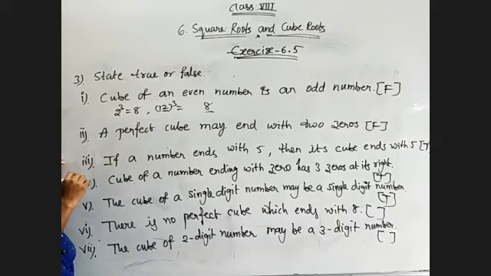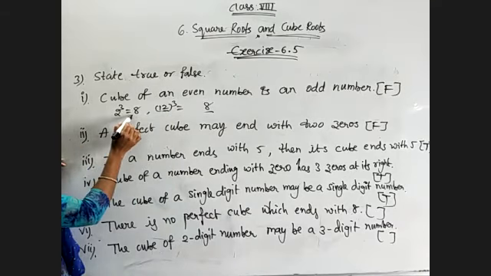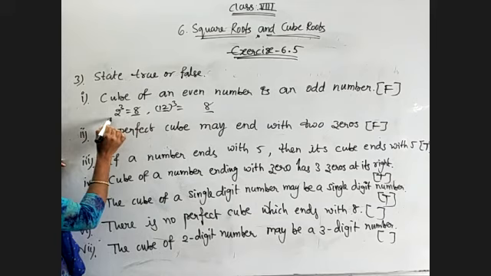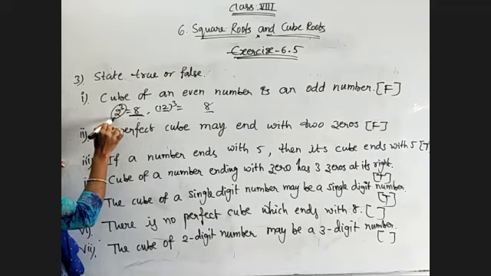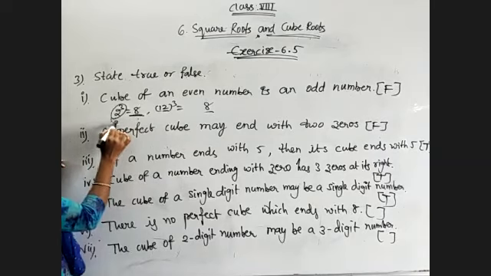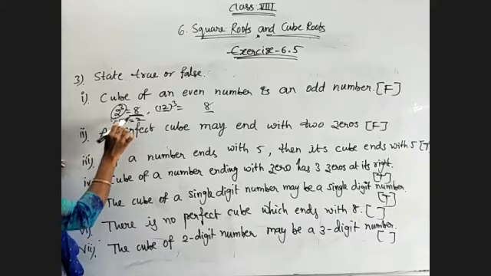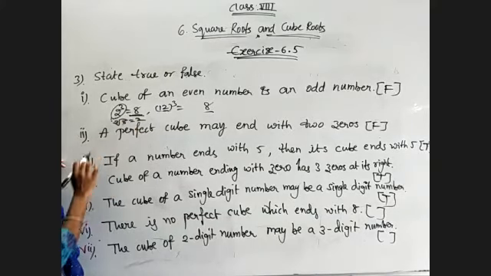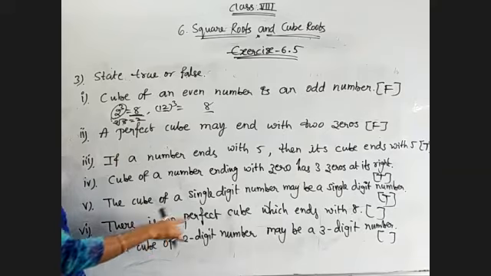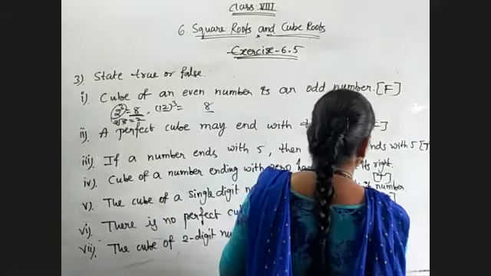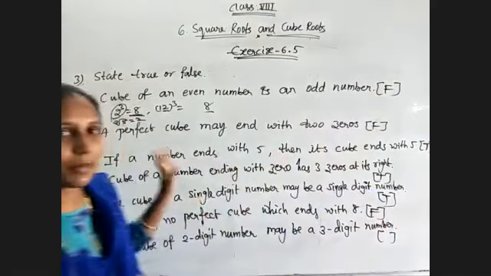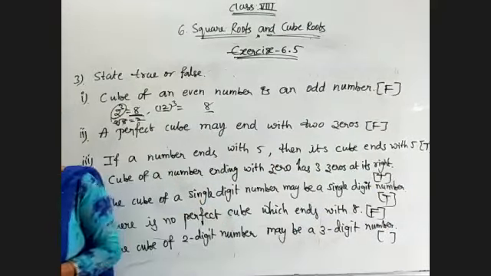Means the cube root of 8 will be equal to 2. So numbers ending with 8 are also perfect cubes. So the statement is wrong. There is no perfect cube which ends with 8, they have said. But some numbers ending with 8 are perfect cubes. Okay.